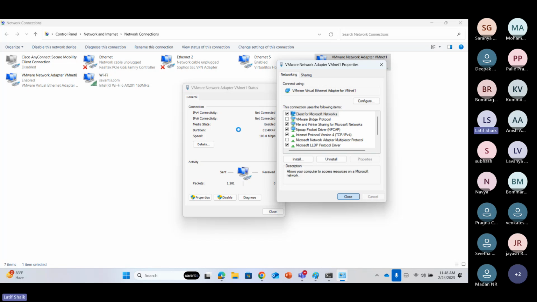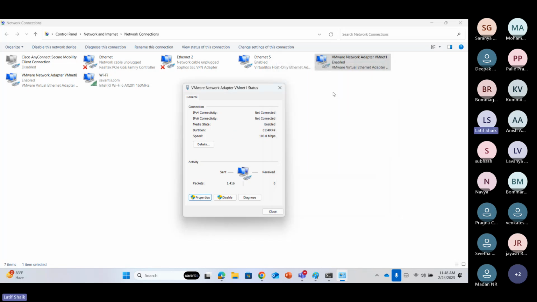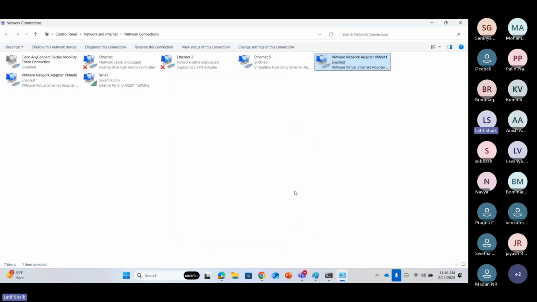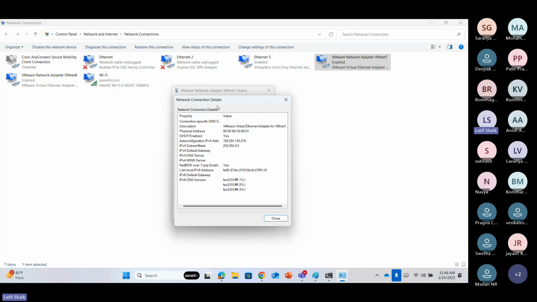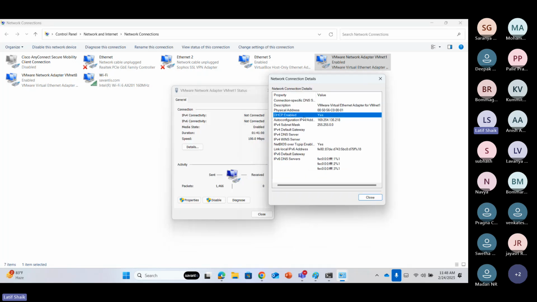Okay, as I already told, this is a virtual adapter, not connected to any DHCP server. So what happened? When I'm checking the IP address here, see, DHCP enabled: Yes, Obtain IP address automatically. But see this IP address showing 169.254.something.something, and the subnet mask is Class B. No default gateway, no DNS server.